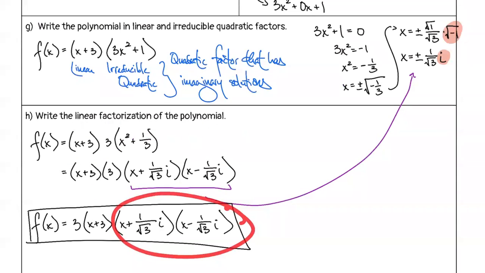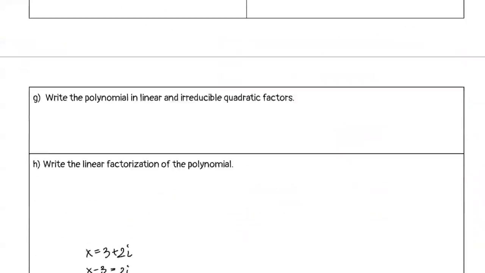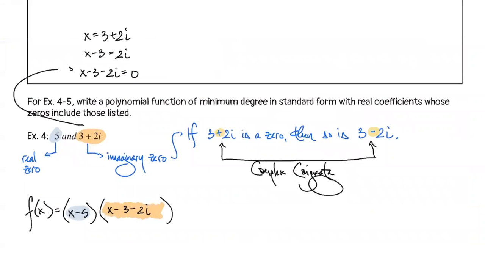It had i's in it, and that's okay. It's weird, I know. It's okay to be not convinced right now. Let's try with our other factor.